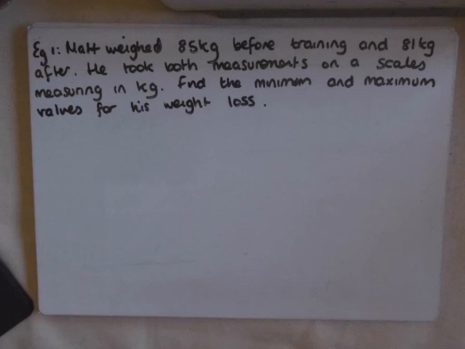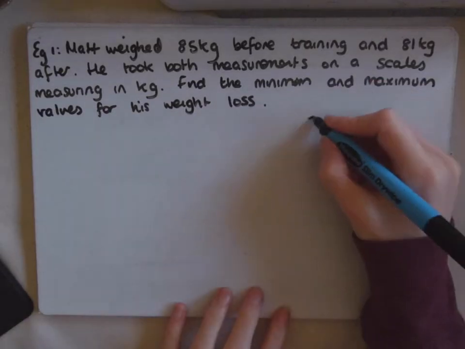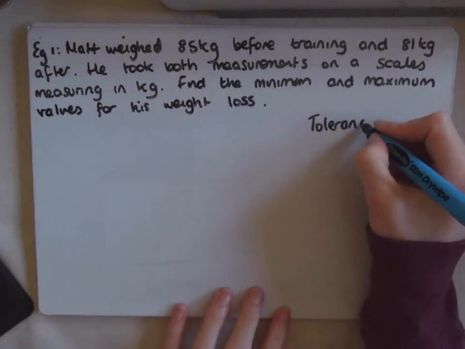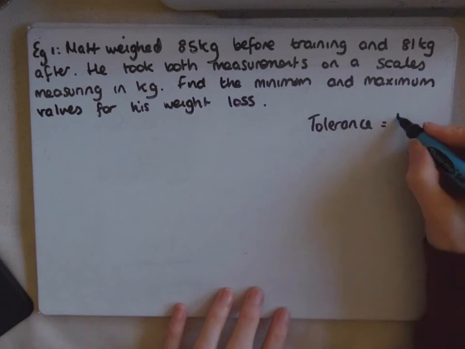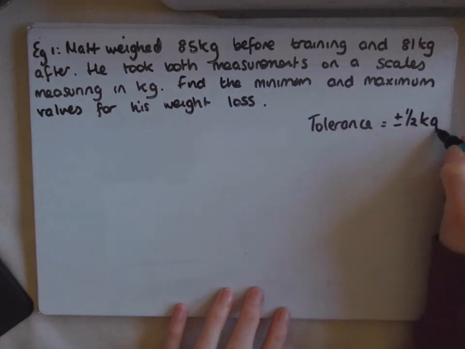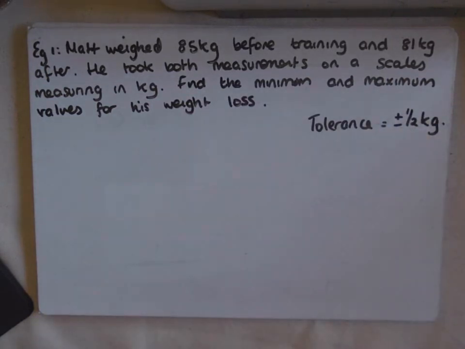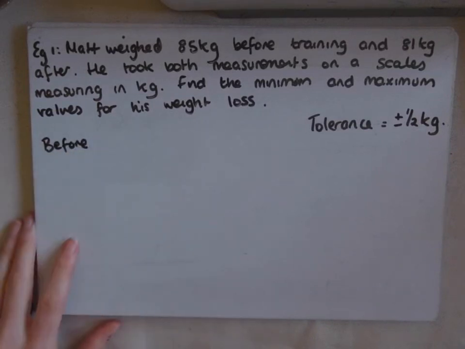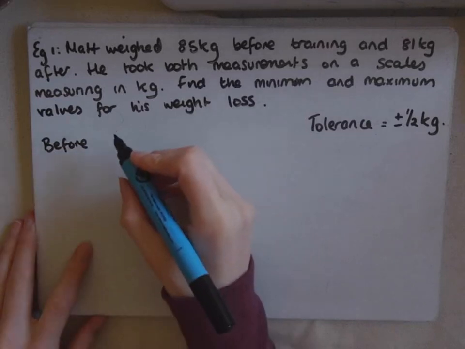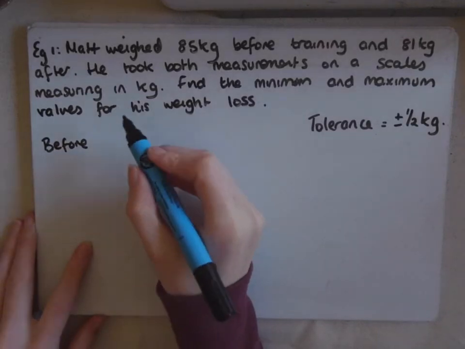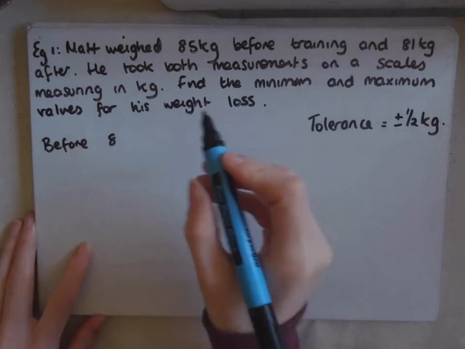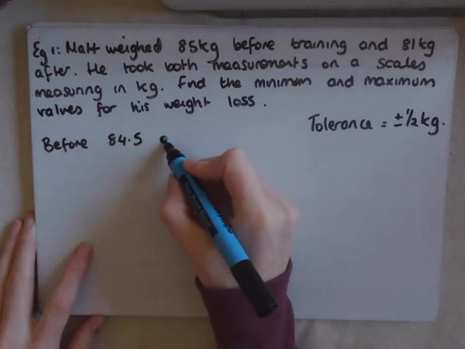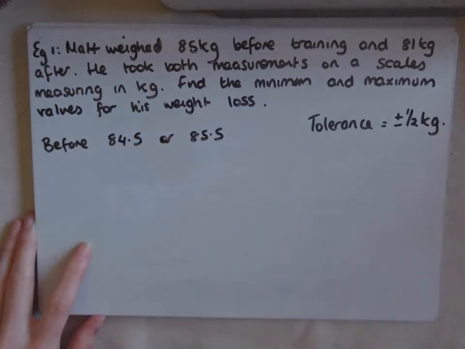Okay, so they've told us the scales is in kg. So what's our tolerance? Plus or minus half a kg. So that means, what could he have weighed before? 84.5 or 85.5, exactly.